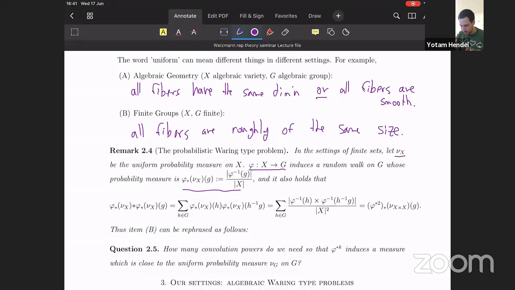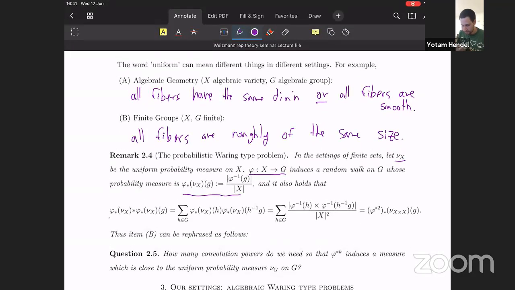Now, something which is not very hard to verify is that if you first push forward this measure nu of X and then convolve it with itself, this is the same thing as first taking the convolution in the way we just defined and then pushing forward the uniform probability measure on X times X. So roughly speaking, this means that when we take convolution powers, the push forward measure that we get is the push forward measure of the original morphism convolved with itself k times.